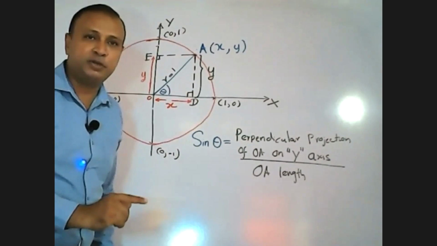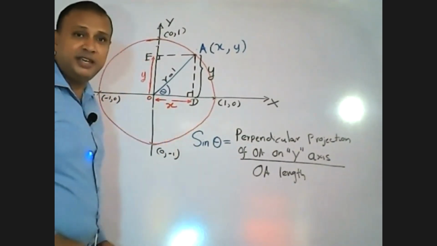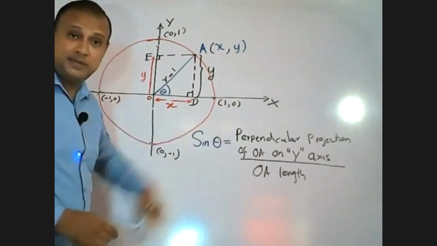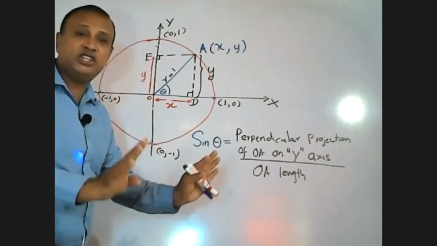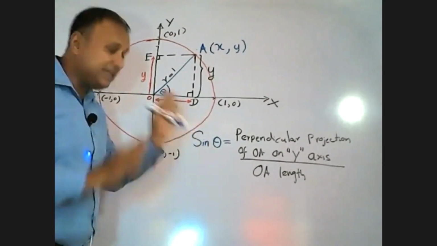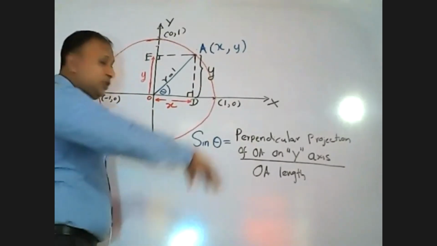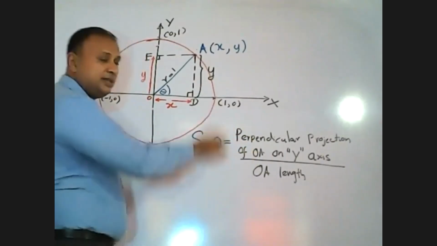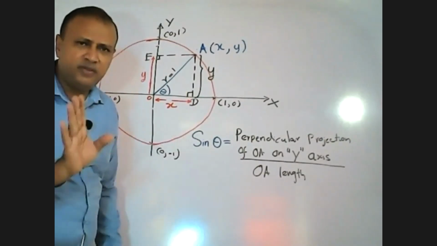So that definition is used here. The same definition is not changed, but we use some terms in the unit circle to define sine theta. That is the only difference.